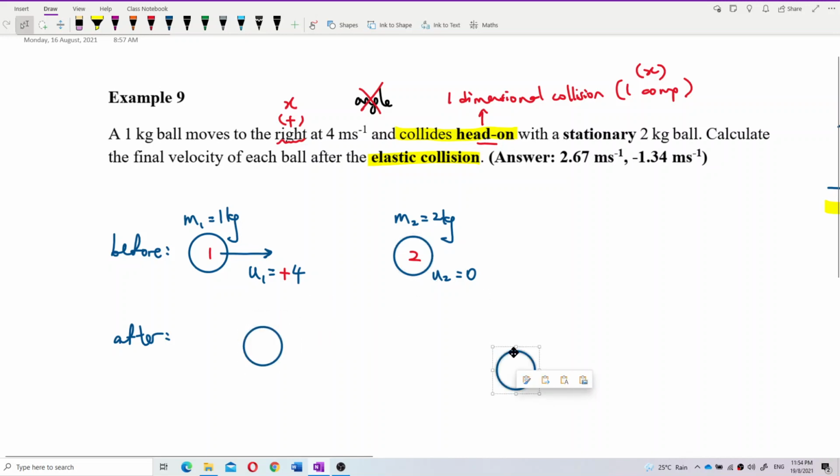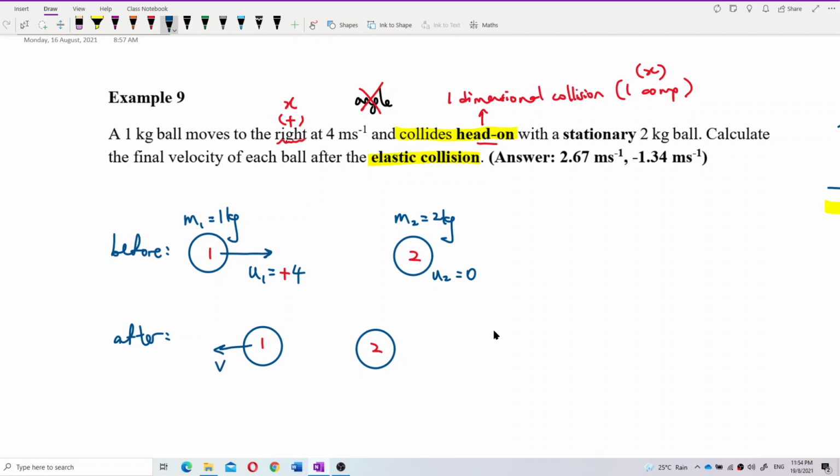Probably ball 1 will move backwards, that's just an assumption, I'm not sure. Ball 2 surely goes to the right. So we need to find this V1 and V2 after the elastic collision. That's our job.